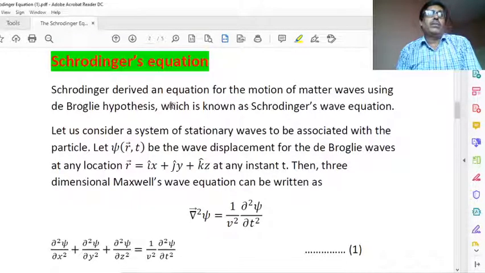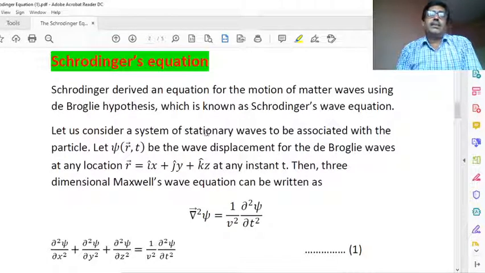So when we talk about an electron, it is itself a particle and a wave is associated with it. It was the statement of the proposal of de Broglie. And Schrodinger derived an equation on the basis of the de Broglie hypothesis, known as the Schrodinger wave equation.